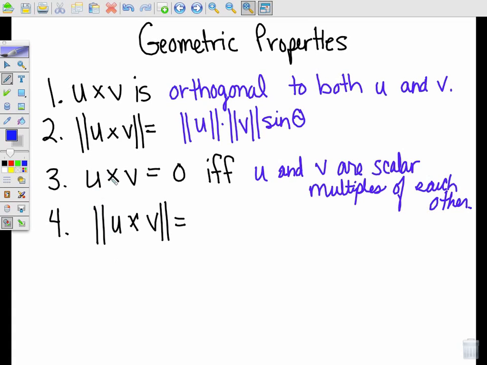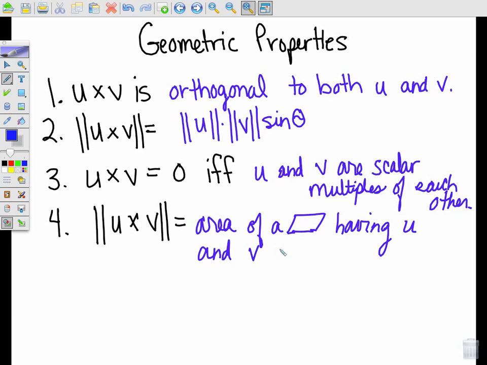And finally, the magnitude of the cross product also equals the area of a parallelogram, having u and v as adjacent sides. And adjacent sides means that they share a vertex.